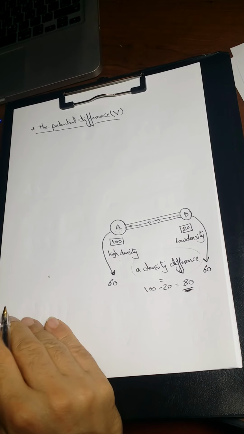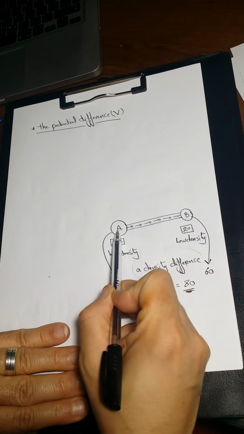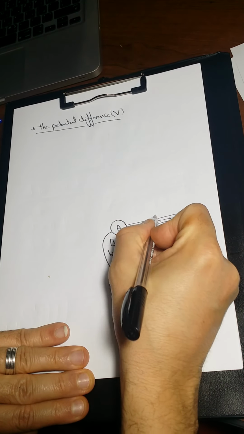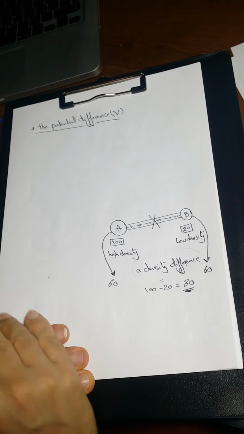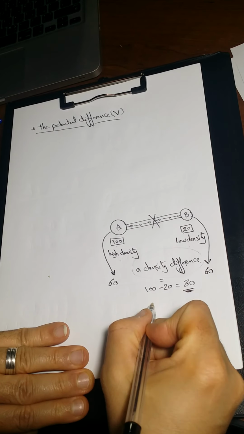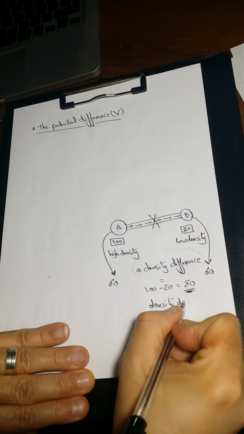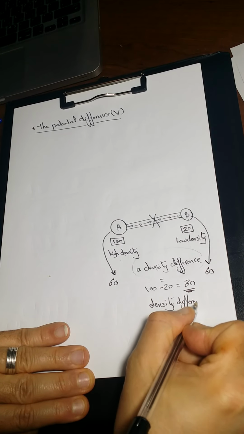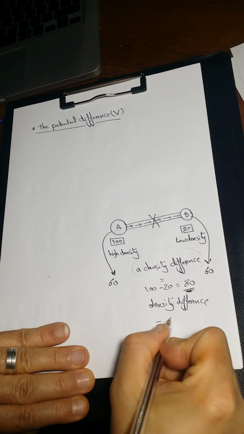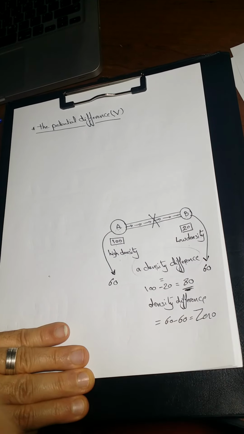In this case, there is no need for the students to move from A to B or from B to A. معناها the moving of students will stop. Why? Because in this case, the density difference equals 60 minus 60 equals 0.